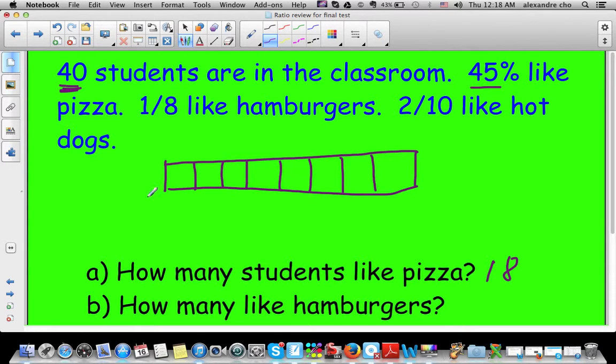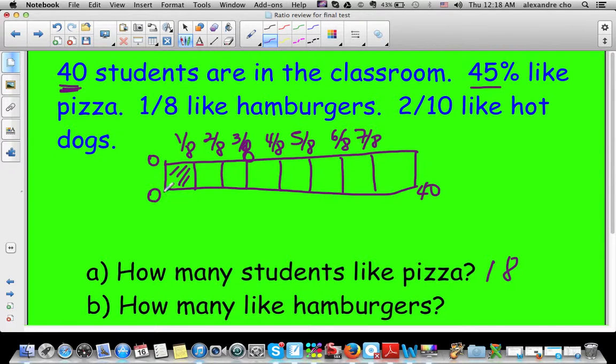So I got 40 people. Here's my 0. Here's my 40. Here's a 0, and this is 1/8, 2/8, 3/8, 4/8, 5/8, 6/8, 7/8, and 8/8, which is 40. So I want to find out what 1/8 is.